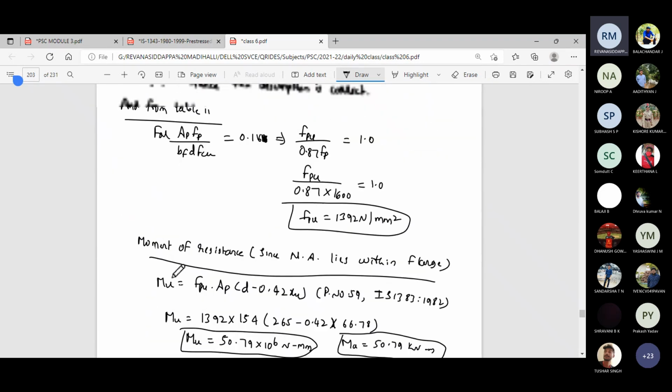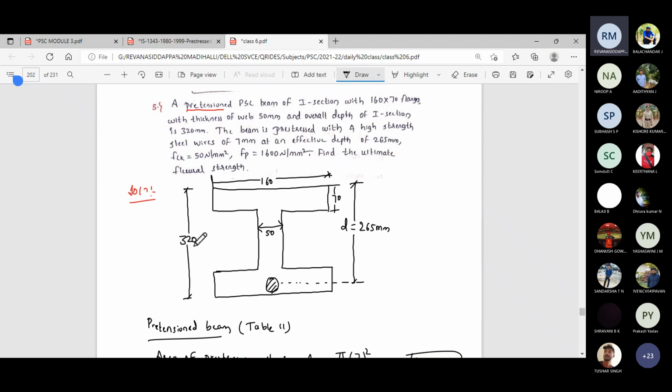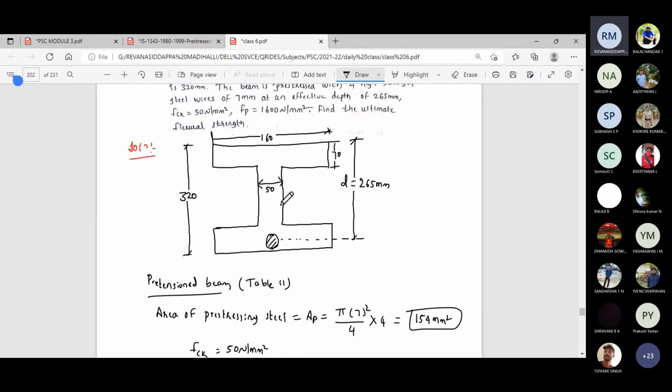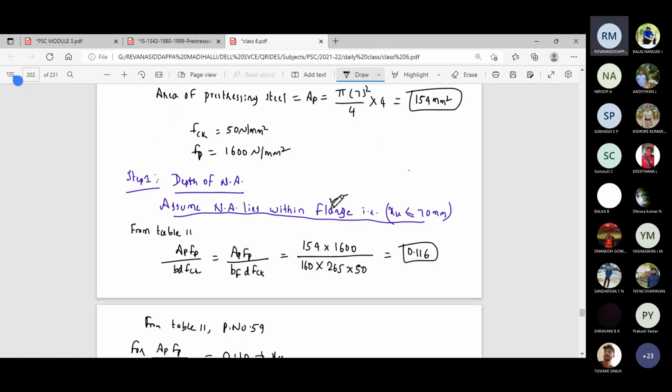In the previous problem, if you observe, students, the overall depth is a little less, only 320 mm. Keeping that in mind, I assumed the depth of neutral axis lies within the flange. In this way, you can roughly, not exactly, decide which case to assume.